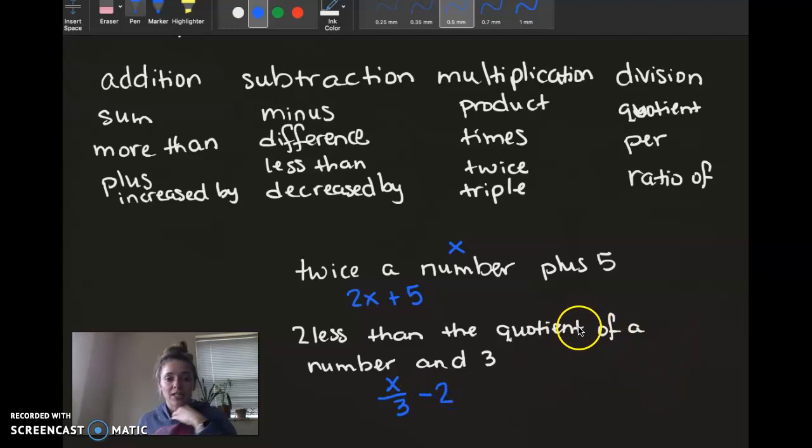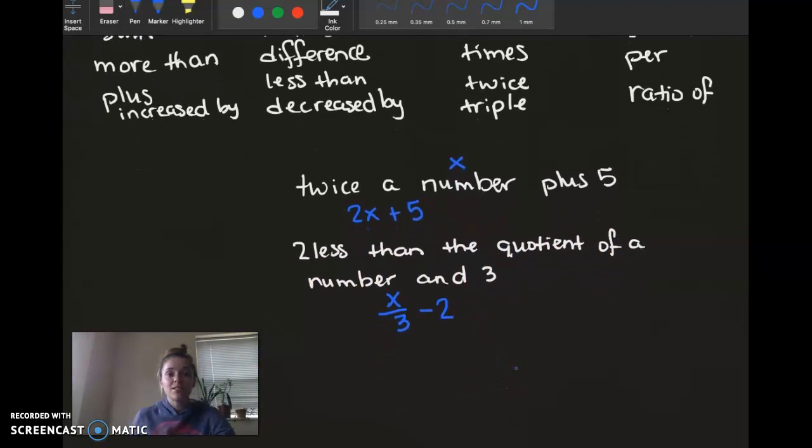When you say the quotient of a number and blank, the first part is the numerator and the second part is the denominator. However, sometimes you might hear the numerator second and the denominator first.